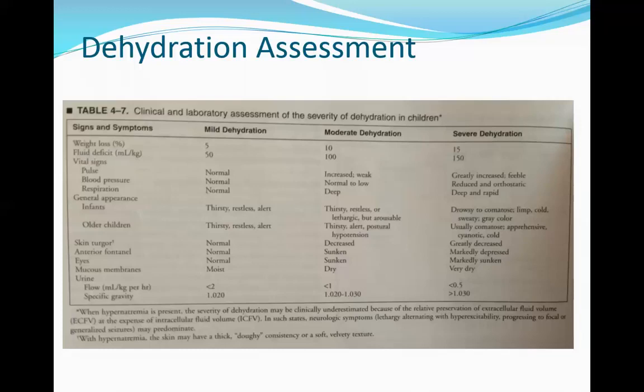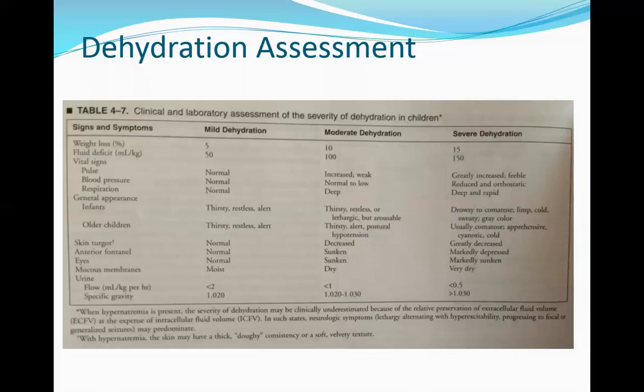For moderate dehydration, you can expect a weight loss of approximately 10%, fluid deficit of up to 100 milliliters per kilo. For vital signs, the pulse may be increased or weak, blood pressure may be normal to low, and respirations can be deep.